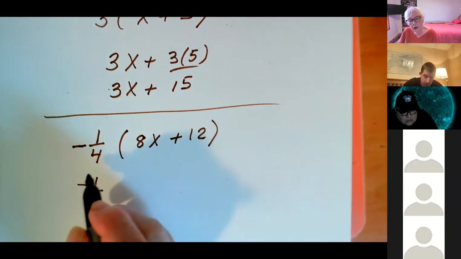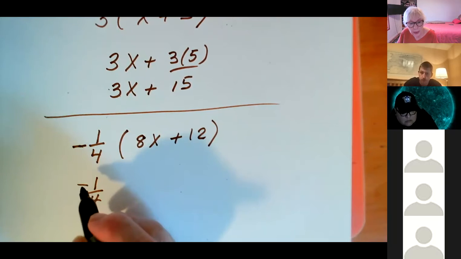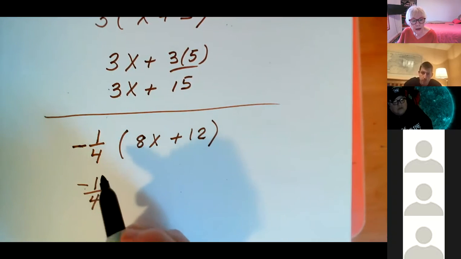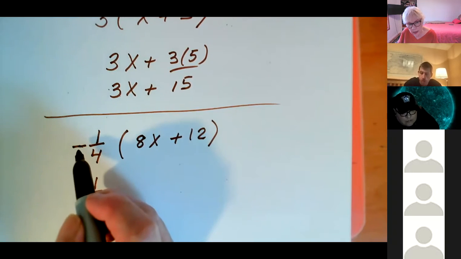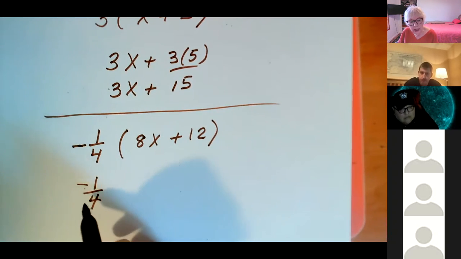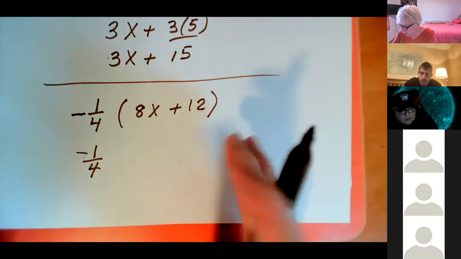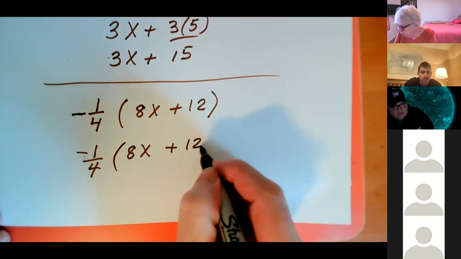And so there are advantages in the next course for making this a habit. The negative on a fraction is never left in the denominator. It's either like this or like this. Leaving it in the denominator is considered poor form, and we just don't want to do that. So I think that makes it a little bit easier.